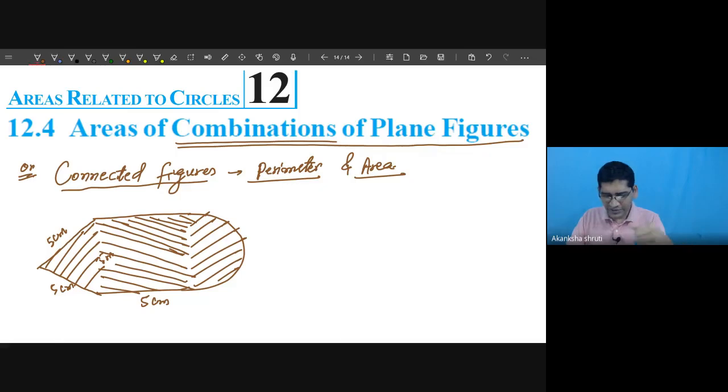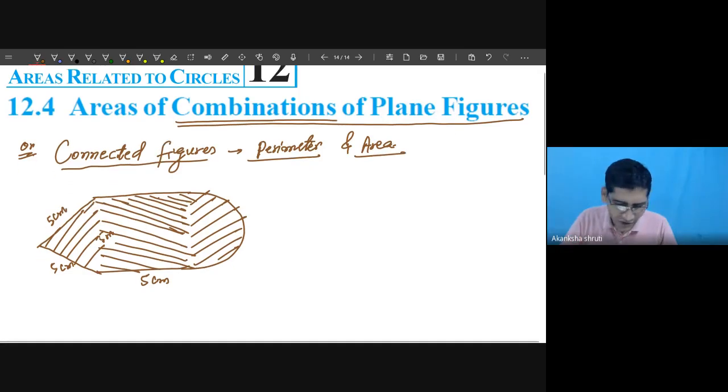On the other side of this figure, an equilateral triangle is there, but one base is not there. So for getting the perimeter, we have to take care what the length could be, and that we have to add. So see, here in this case, first of all, we shall make it into the standard one. For doing that, though it is not given, this part you have to draw.